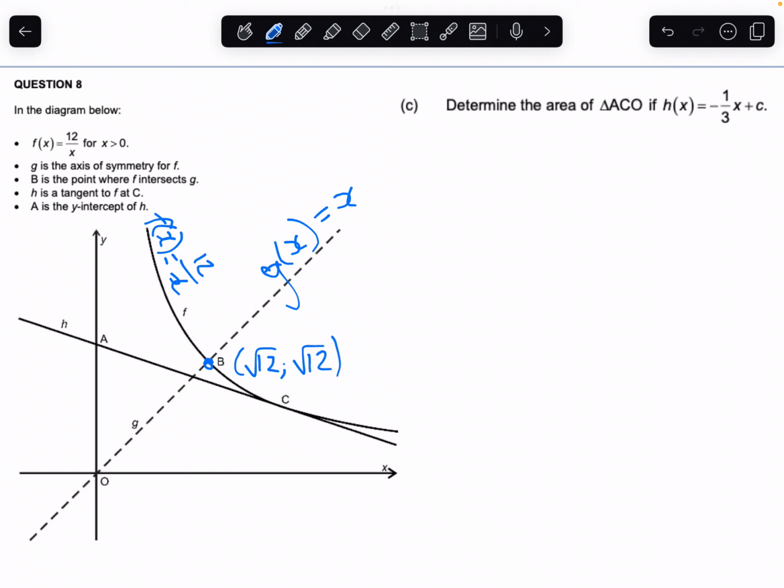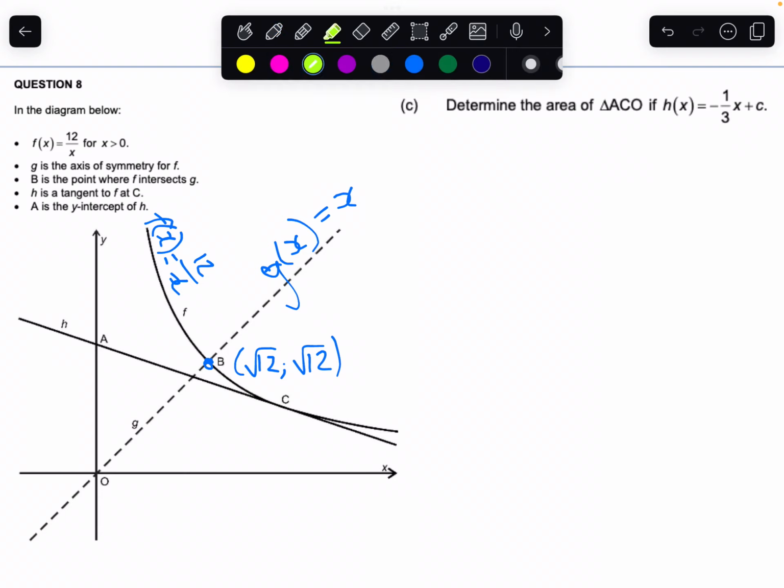The last part of this question asks us to determine the area of triangle ACO, if h of x is equal to negative a third x plus c.